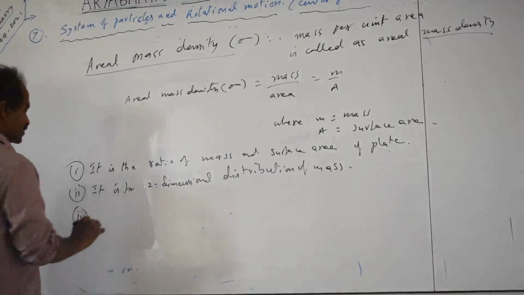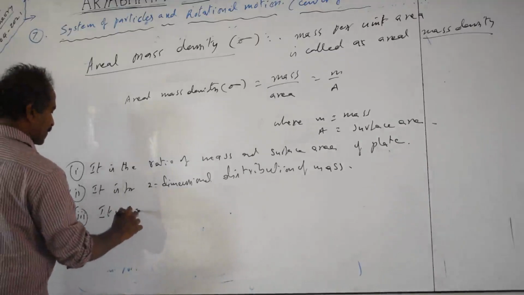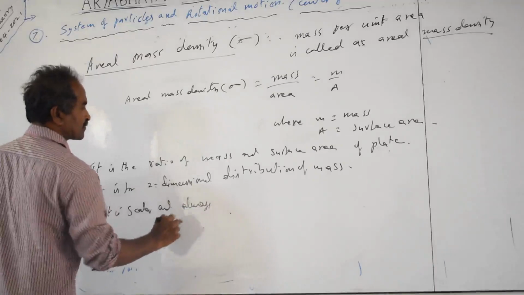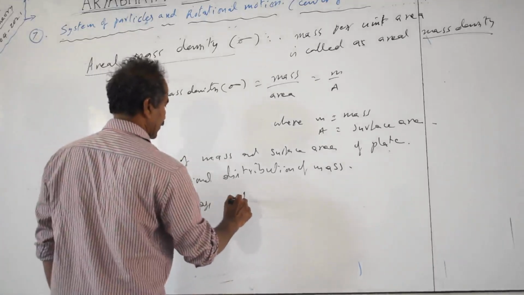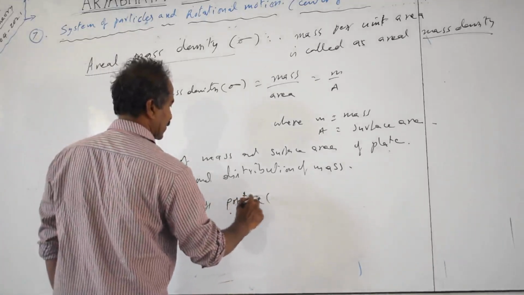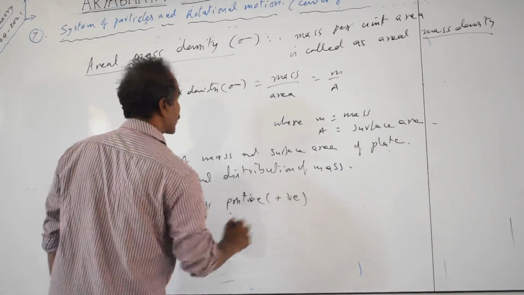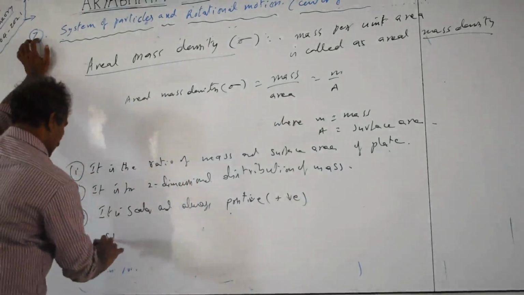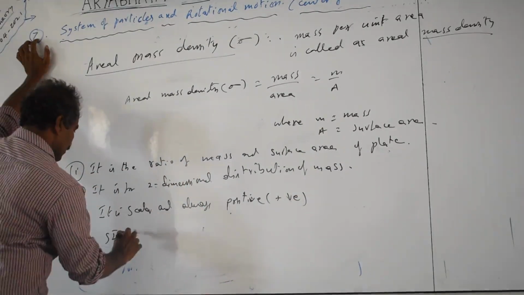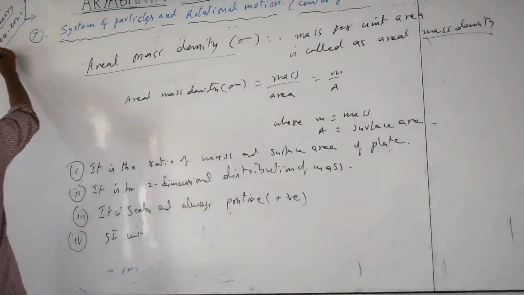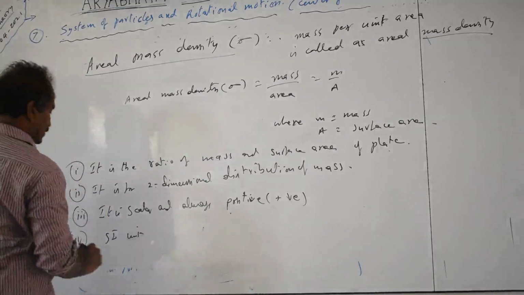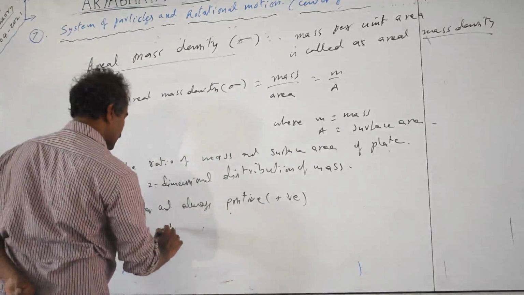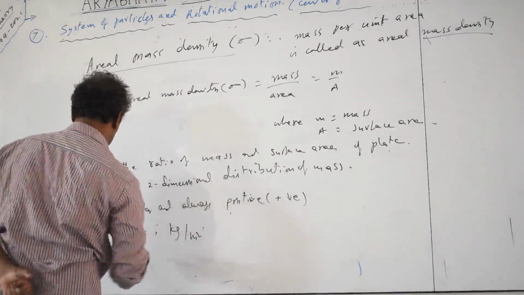It is scalar and always positive. Units, SI units, SI units is kg per meter square.